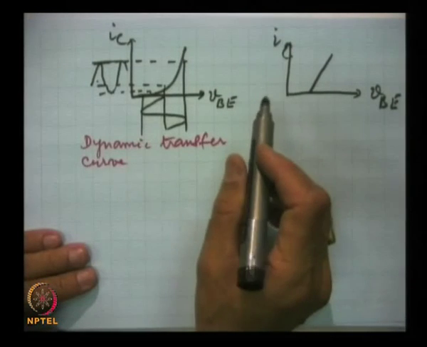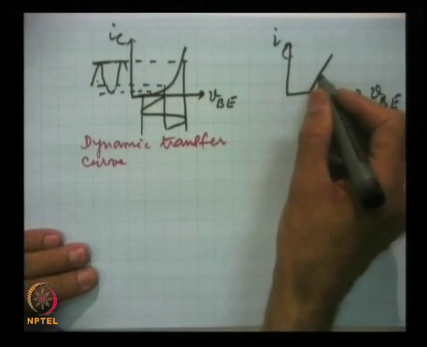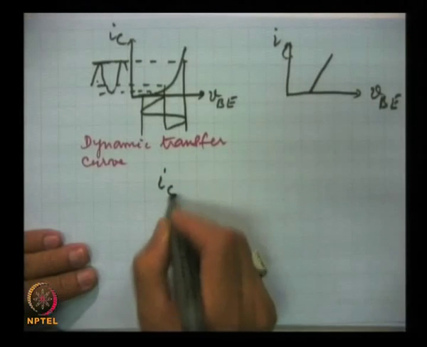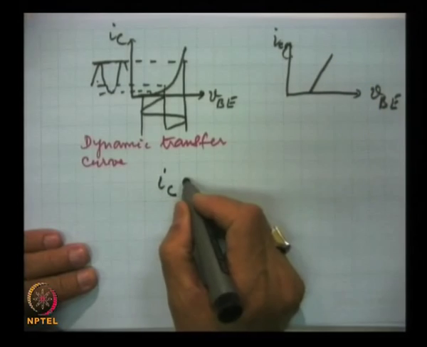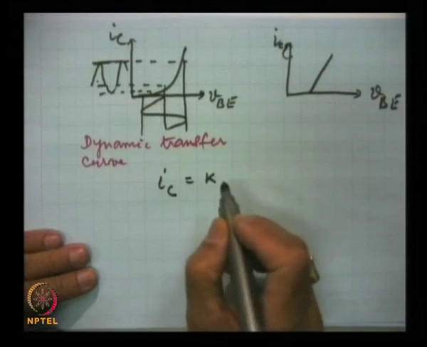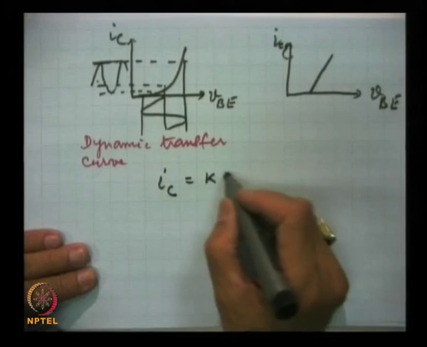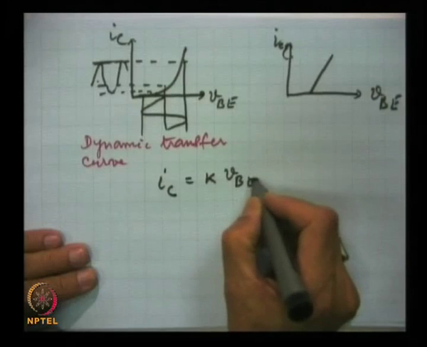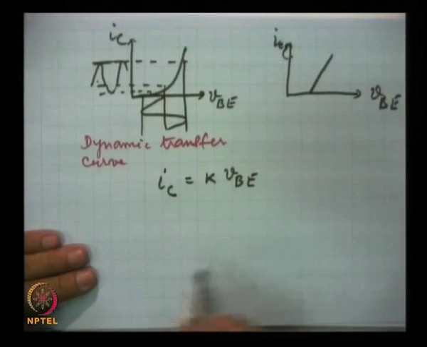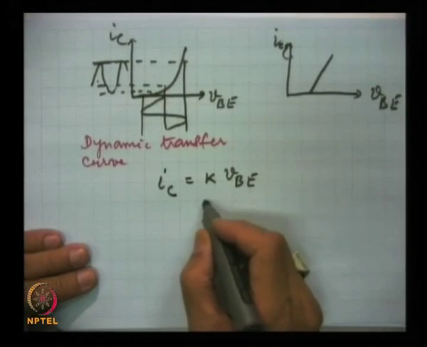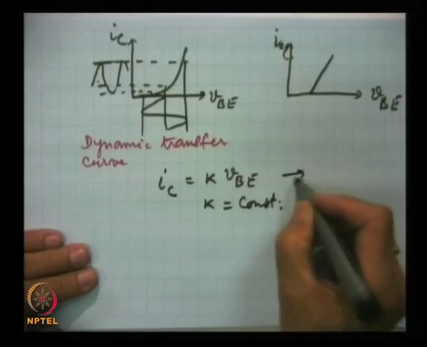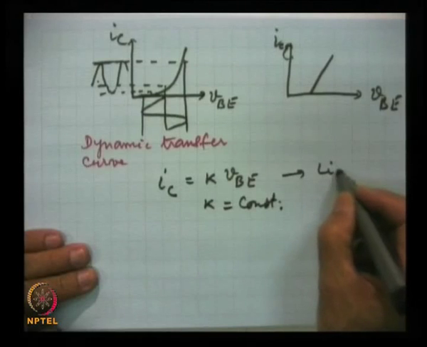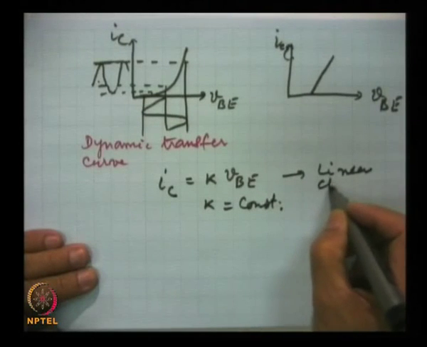For this linear case, the collector current IC is equal to K times the voltage, where K is a constant. This is for linear characteristics.